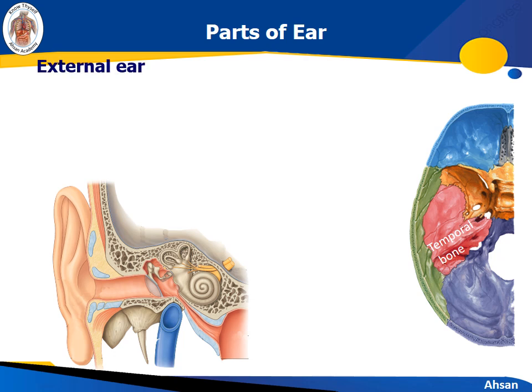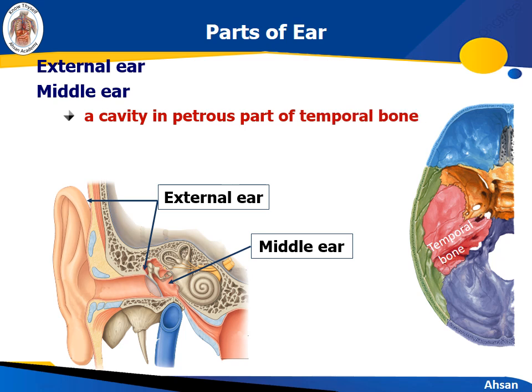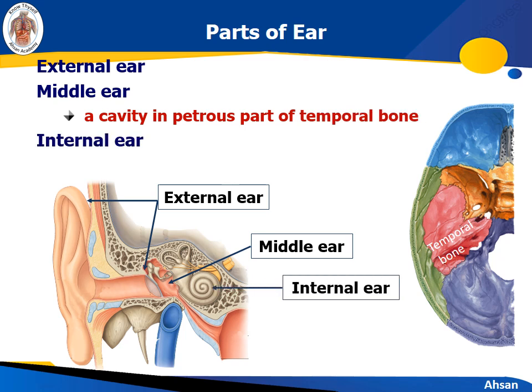Ear comprises of external ear. This is the external ear. It's labeled here, and middle ear is labeled here, and the internal ear lies here inside the temporal bone. So the external ear we can see from the outside is a part of the external ear.